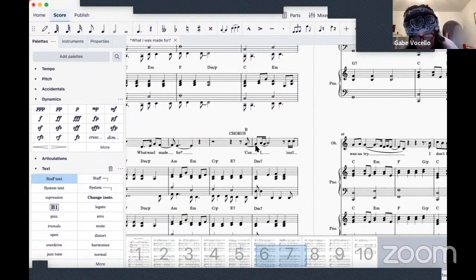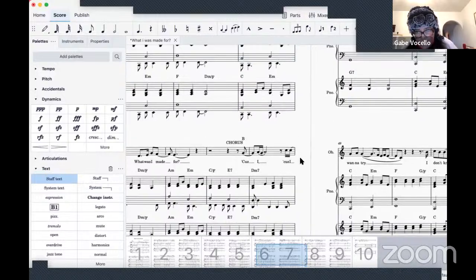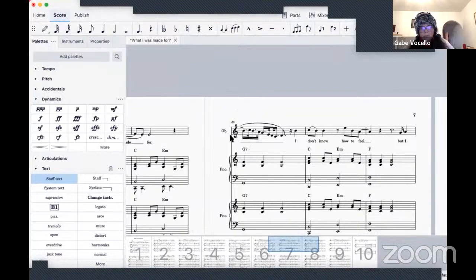So two 8th notes, two 16ths and one half note. Two 16ths, dotted 16th with a 32nd note, dotted 16th, 32nd, during the 2 beats.